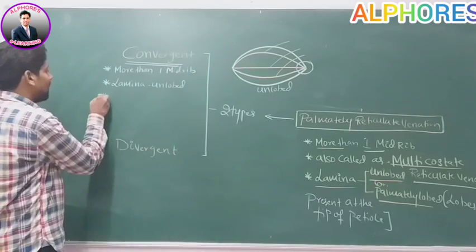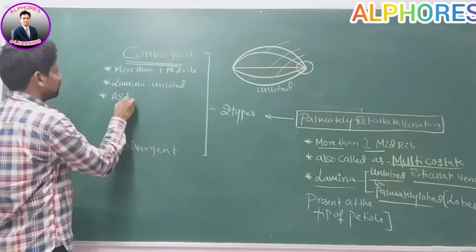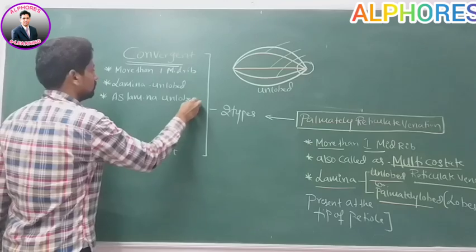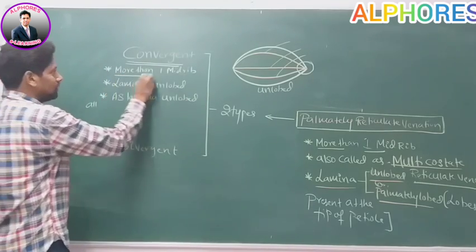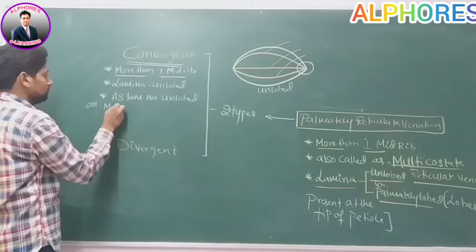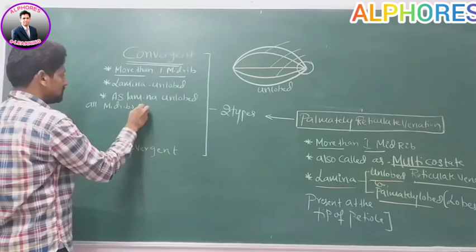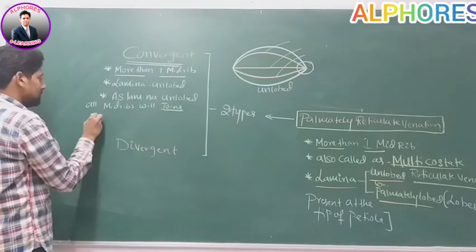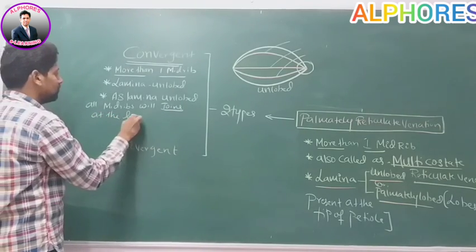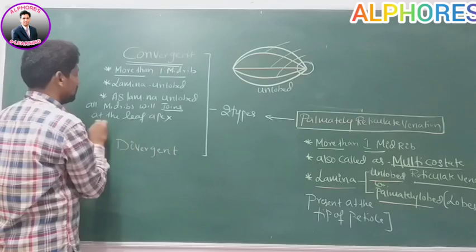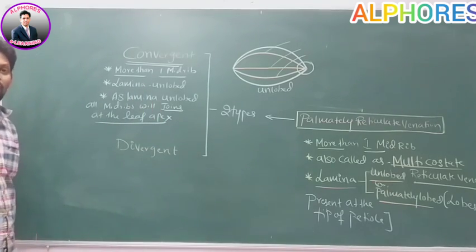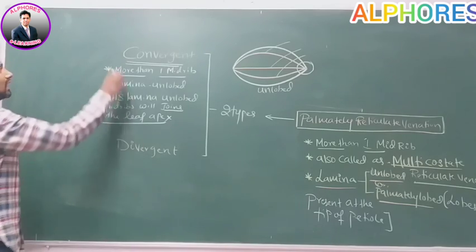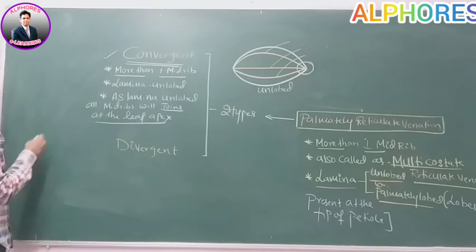Therefore, as lamina is unlobed, all midribs, more than one we told, no? All midribs will join at the leaf apex. Is it okay? Right? We are discussing convergent, right? Convergent example I am writing.